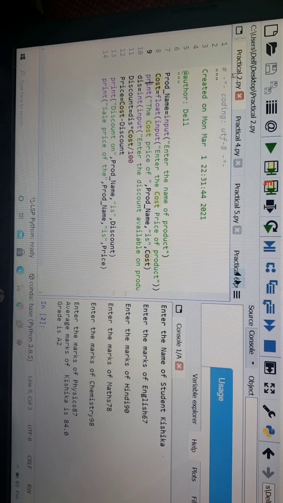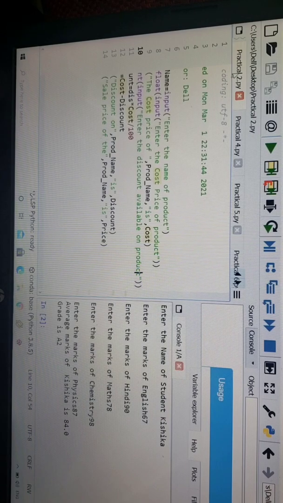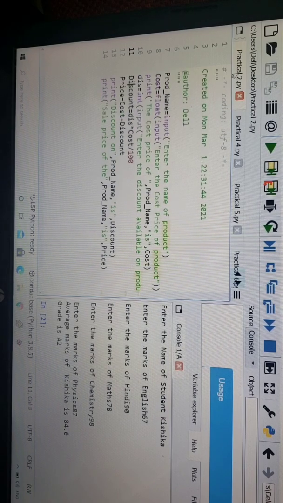Then it should print the cost price of the particular product is cost. So that should come, and after that it should tell you, through this particular dis variable, how much discount is available on that product. Then this is a very simple calculation.